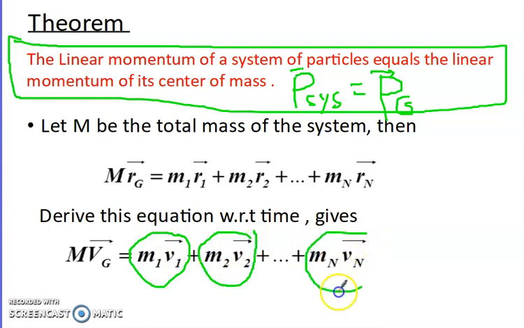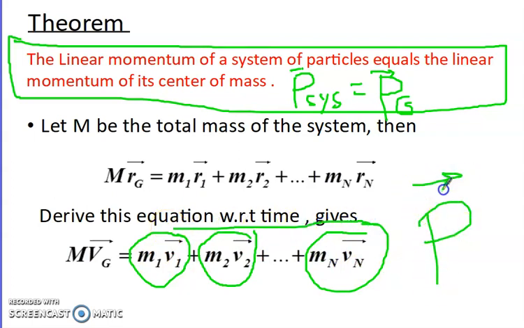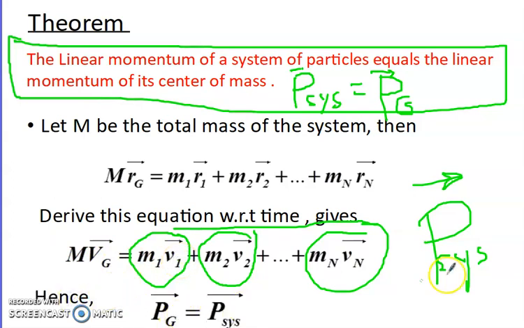What is this? This is pn. So all of this represents what? Linear momentum of the system of particles. But what is this? Total mass. What is Vg? The velocity of the center of mass. So conclusion. Hence, Pg equal P of the system of particles.